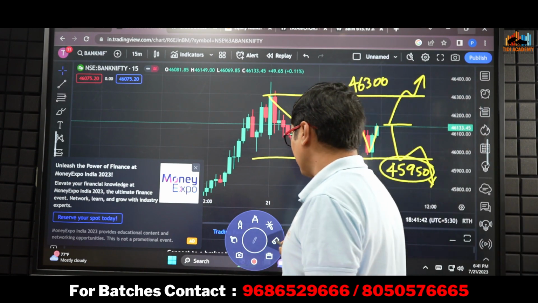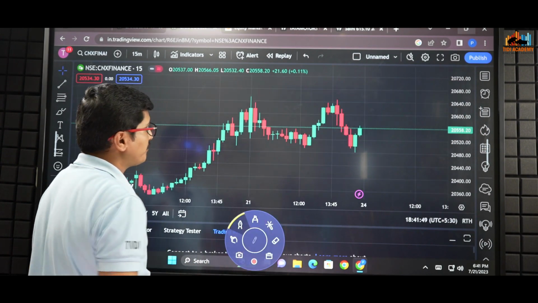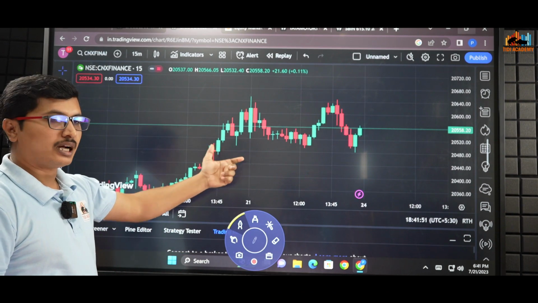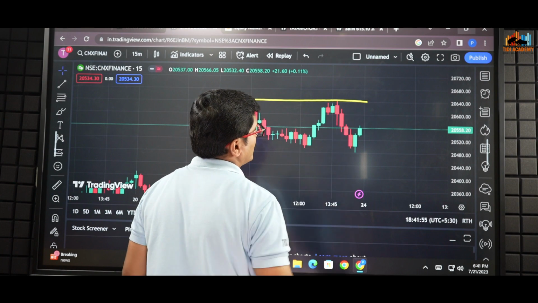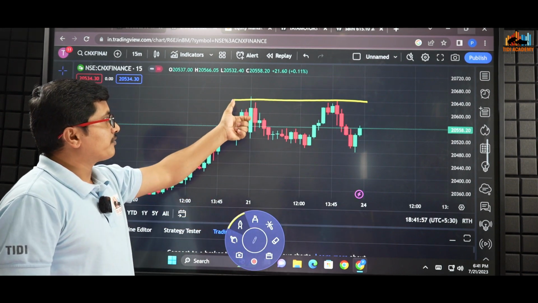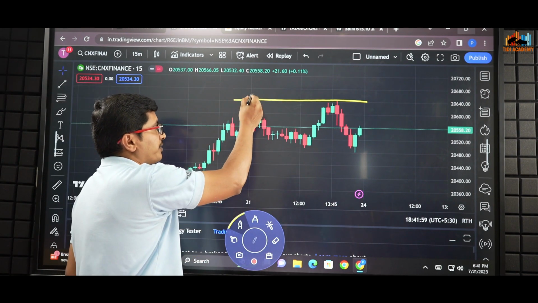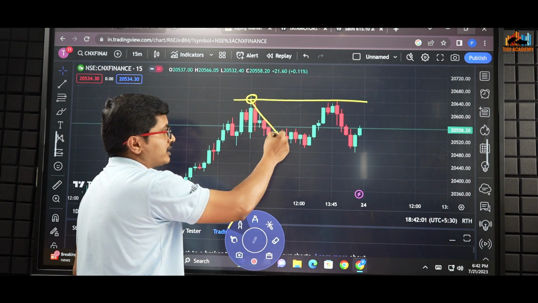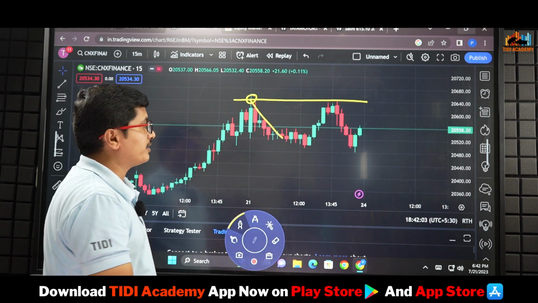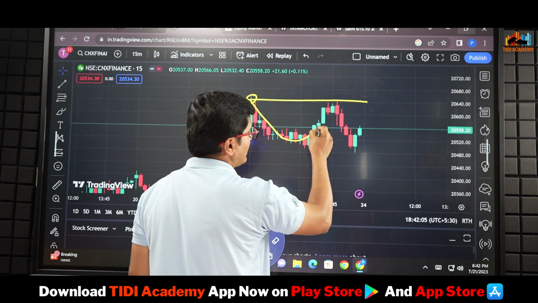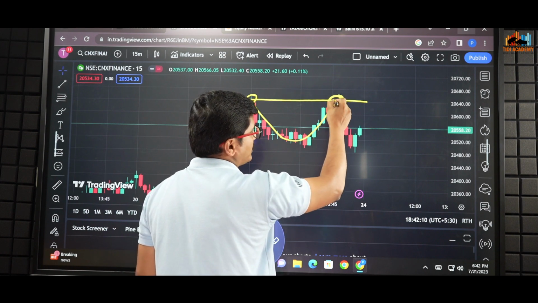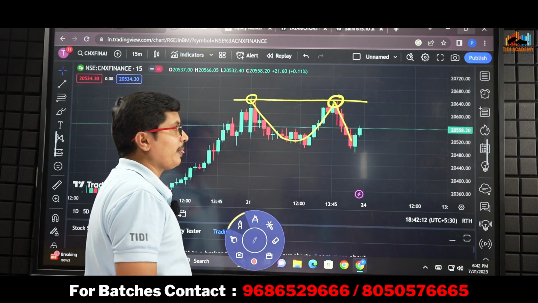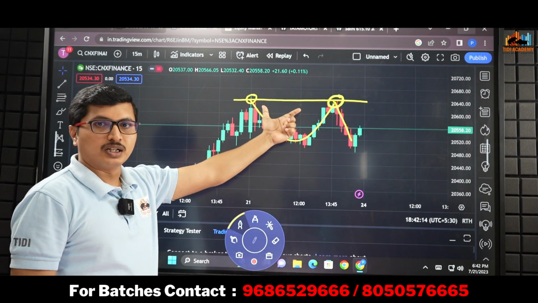Now we come to the Fin Nifty chart. In Fin Nifty also it halted there and made a double top formation. When price falls from a particular level, in an index or a stock, and comes back to the same level and rejection happens at that higher level, we call that a double top.